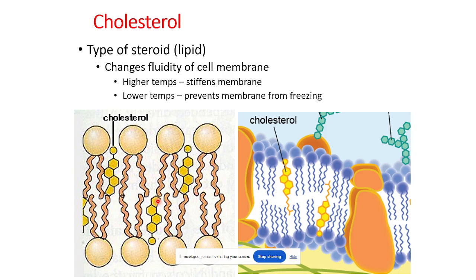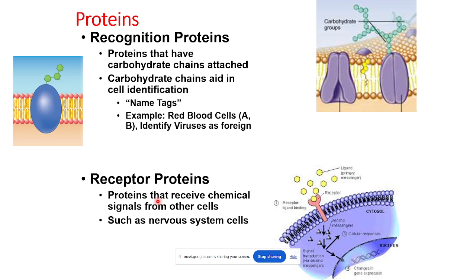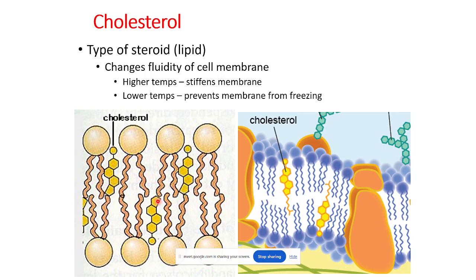Now it is important to ask what would happen to the membrane if cholesterol was absent at low temperature, or at high temperature. Cholesterol prevents the membrane from freezing. If cholesterol were not there at lower temperature, the membrane would freeze, leading to shearing of the membrane, and ultimately it would hamper the cells.